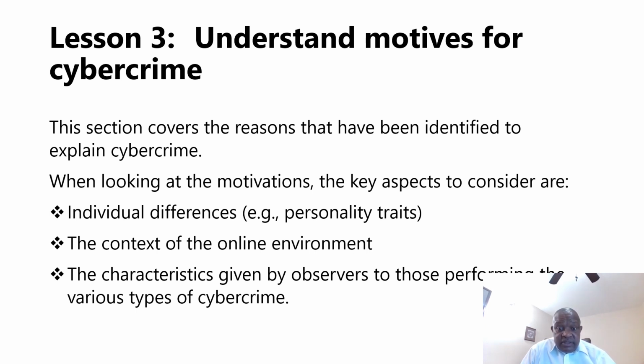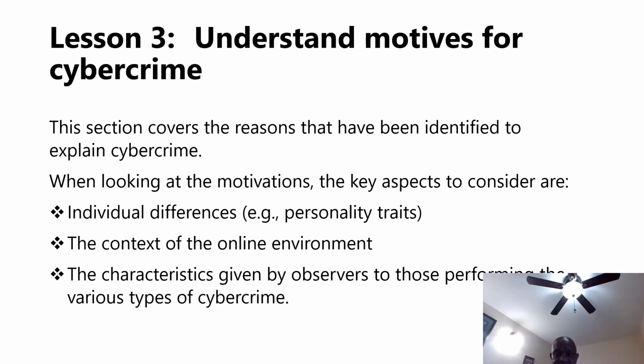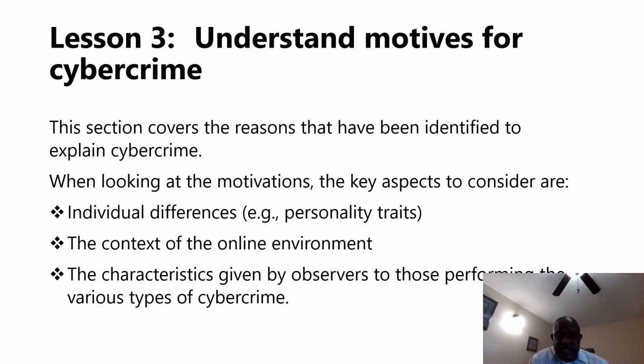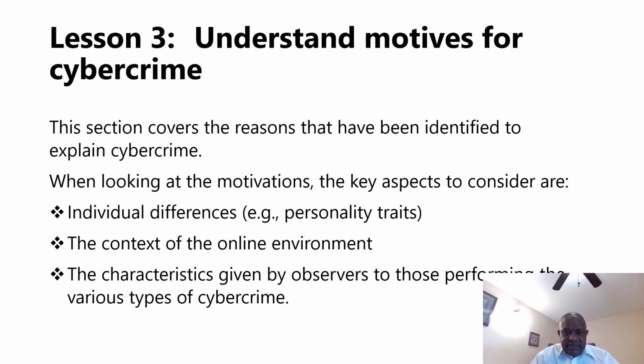Number 2, the context of the online environment. Number 3, the characteristics given by observers to those actively involved in various types of cybercrime. Those are the 3 aspects when we talk about cybercrime motivations that I want you to keep in mind.